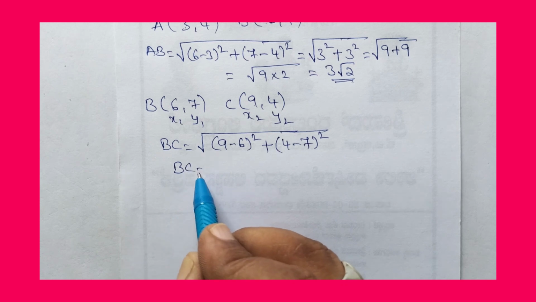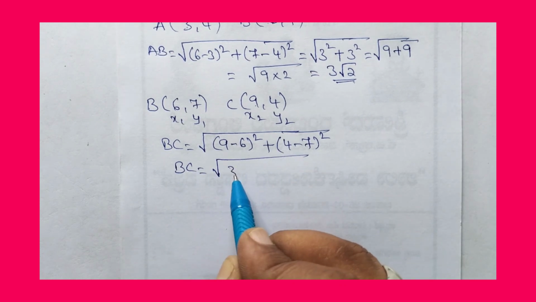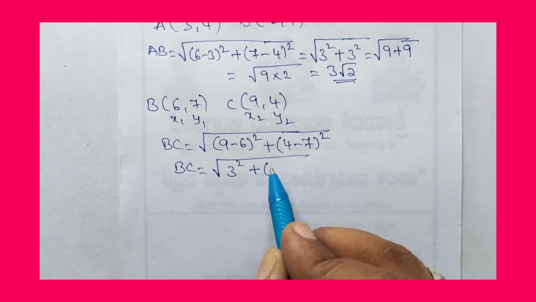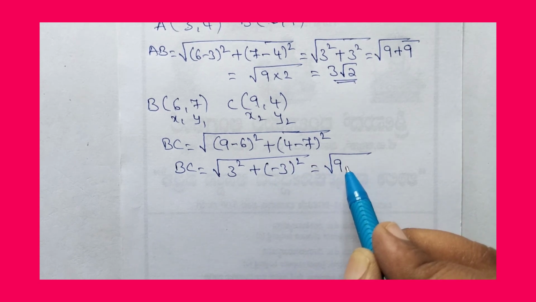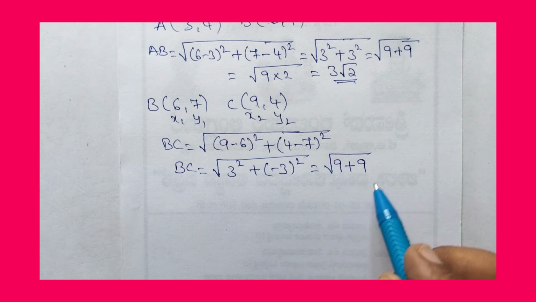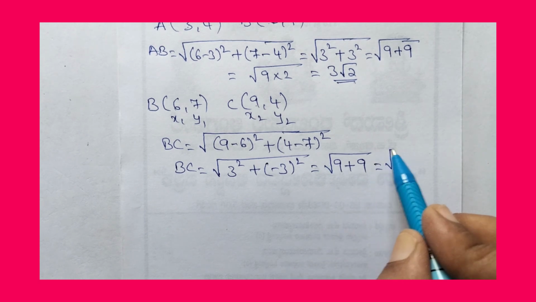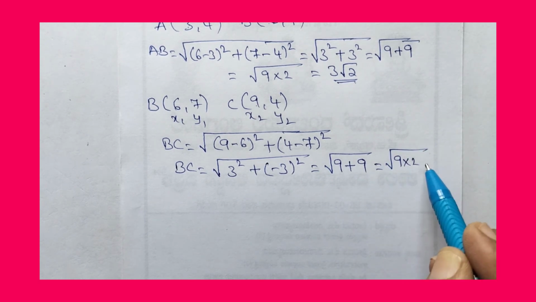So BC is equal to square root of 3 square plus minus 3 whole square, is equal to 3 square, 9, and 9.